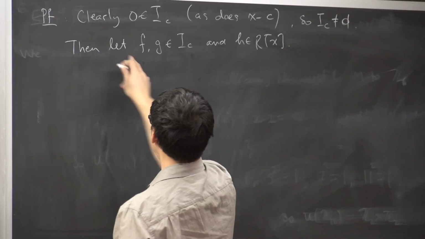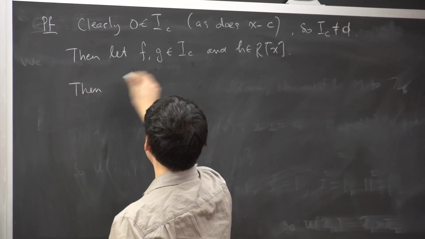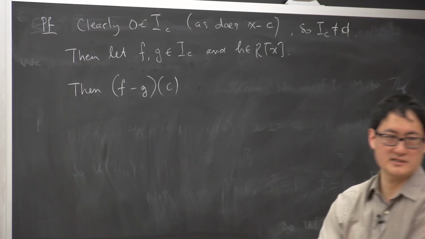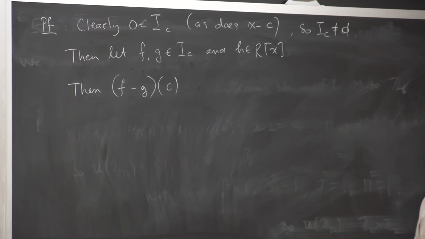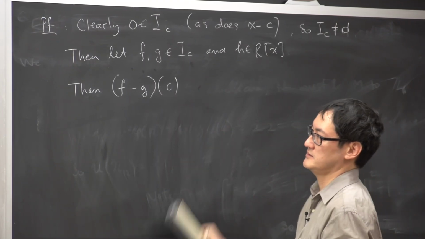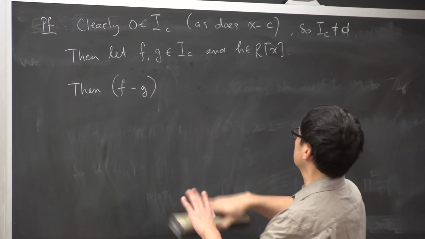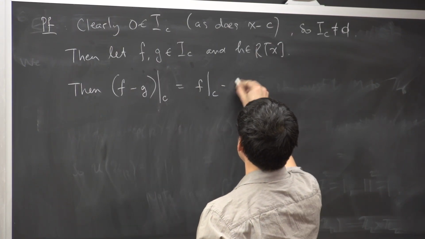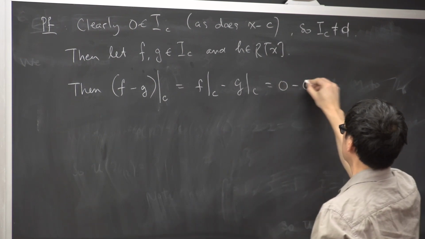I want to prove that F minus G is in I_C. So F minus G, I'm interested in what that does to C. It's a slash, and that's equal to F slash C minus G slash C, which is 0 minus 0.